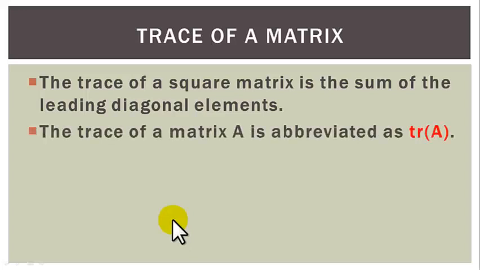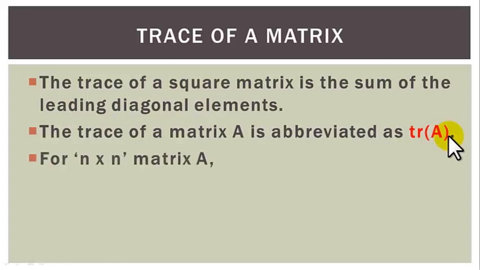And the trace of a matrix A is abbreviated as tr of A. For an n by n matrix A, the trace of A is equal to the sum of Aii as i goes from 1 to n. Please note, leading diagonal elements are denoted by Aii.